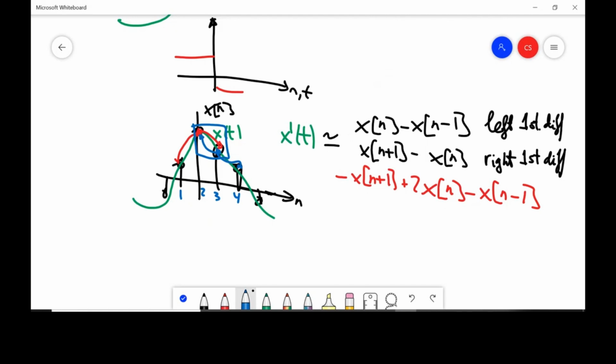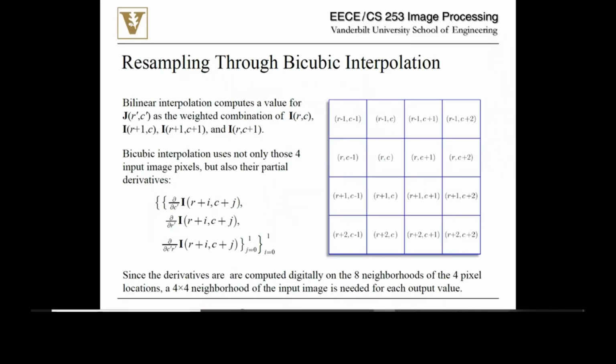In this square, in the bilinear interpolation, we were focusing on the continuity on this square. But now, if we also care about the continuity of the first derivative, we need a point from the left and a point from the right. And the same top and bottom.